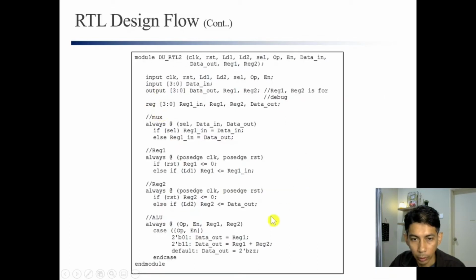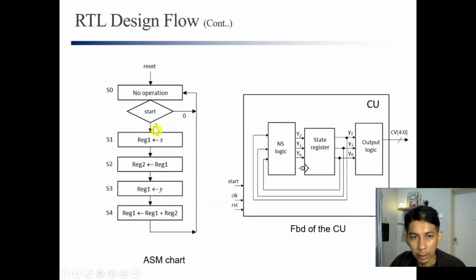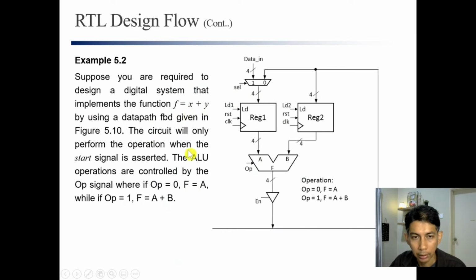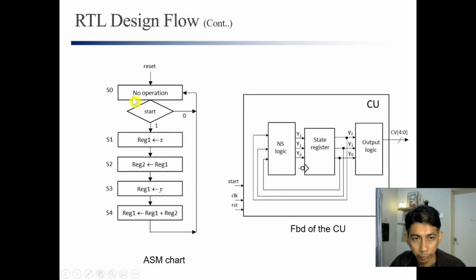Okay, so this is the Verilog program code for the data path. We will try to write this in Quartus later on. But look at how we create the ASM chart to implement this.